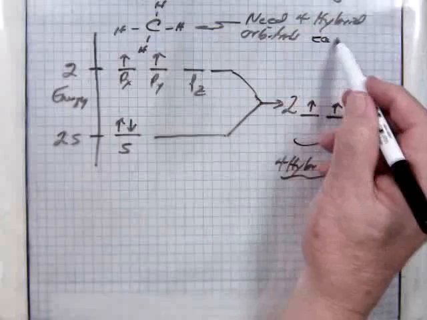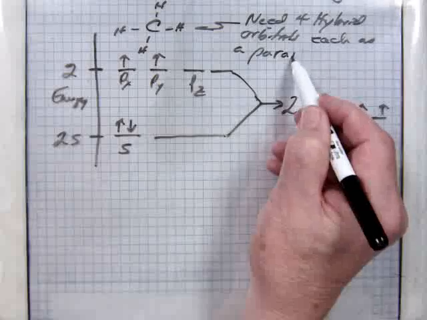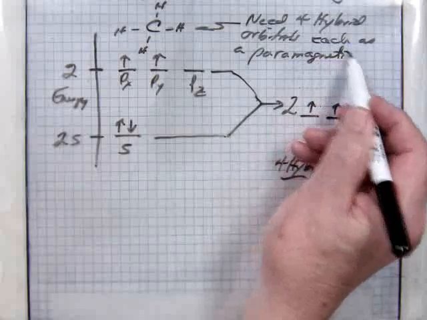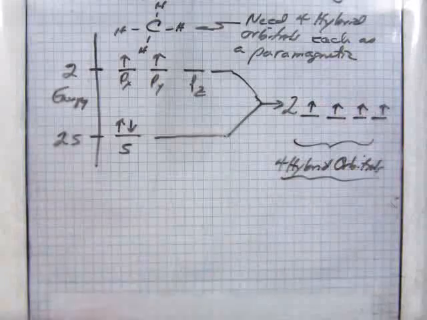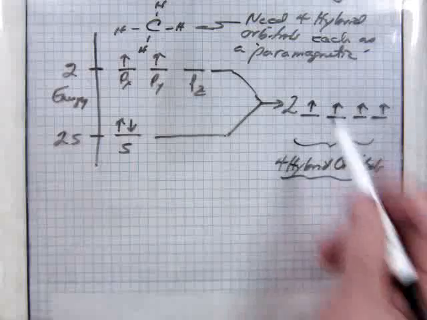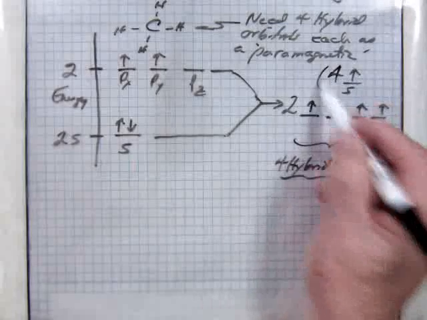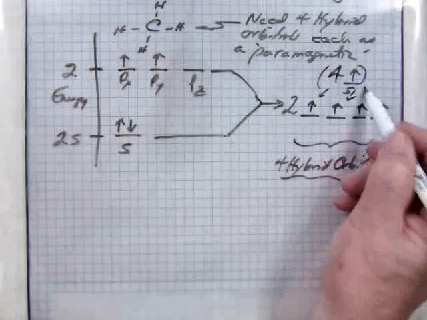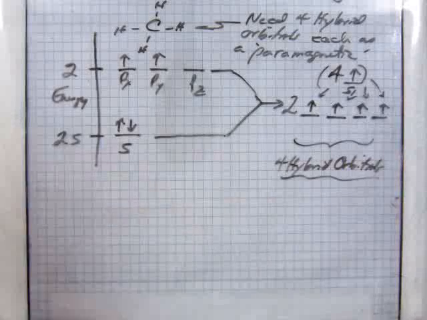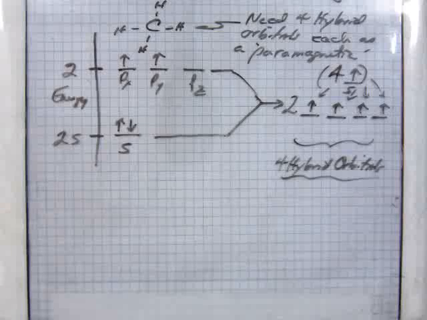Each is a paramagnetic orbital. And so only in this configuration can you bring in your 4 s1 electrons into these 4 positions and generate a CH4 molecule.